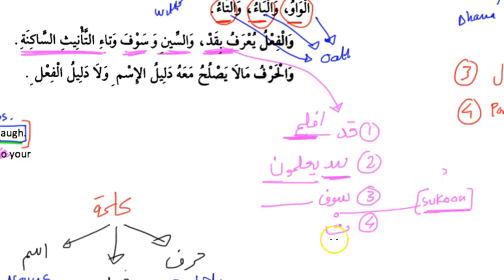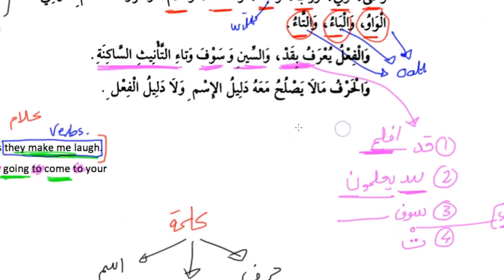That's called a sukoon. So any word that has this letter at the end, like tabbat yada abi lahabin wa tab, that's a sign that the word is a verb. Makes sense? So these are four symbols or four signs to show that a word is a verb.